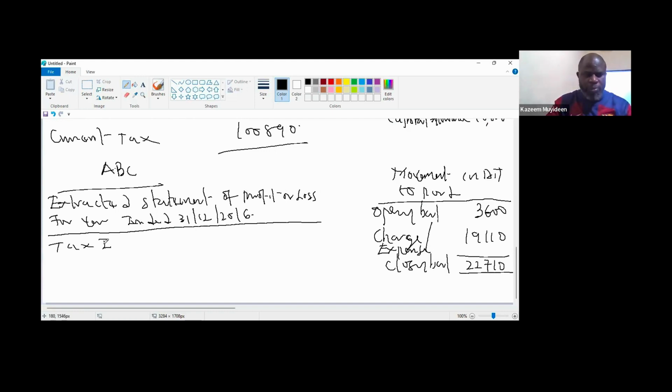That's tax expense, 120,000. And now say extracted statement of financial position as at 31st December 2016.